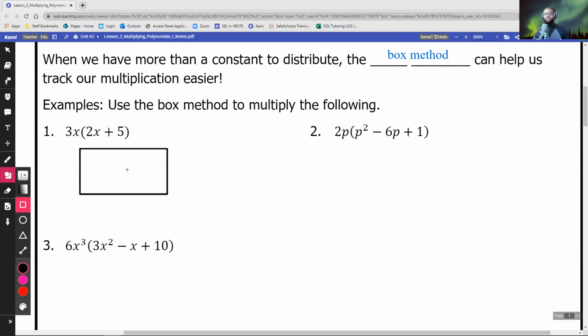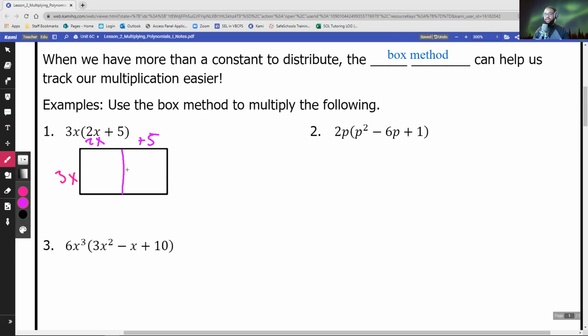There we go. We've got 3x times 2x plus 5. What we do, we'll have 3x on the side, and then 2x right here, and plus 5 here. All right, so we got a box, and then we've got these two sides for each of our terms.